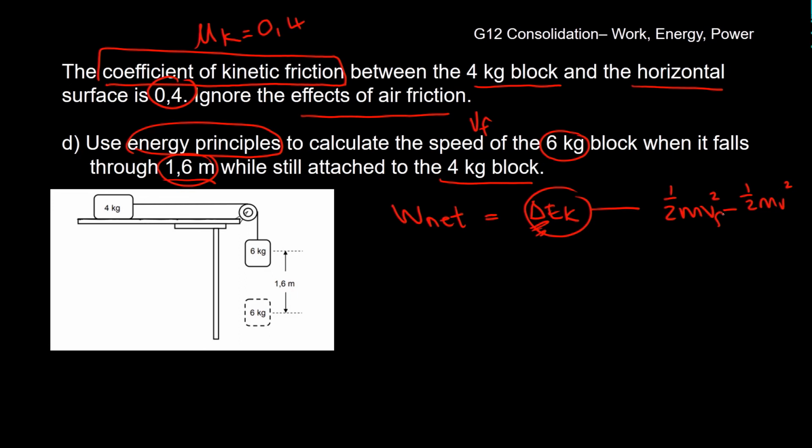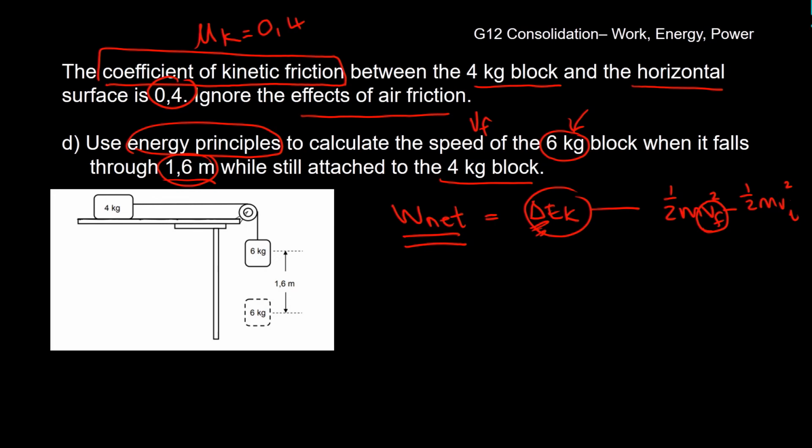This would be the final and this would be the initial kinetic energy. So we've been asked to find the final velocity of this system, because they're connected, even though it says the 6 kilogram block. We have to calculate W net first.